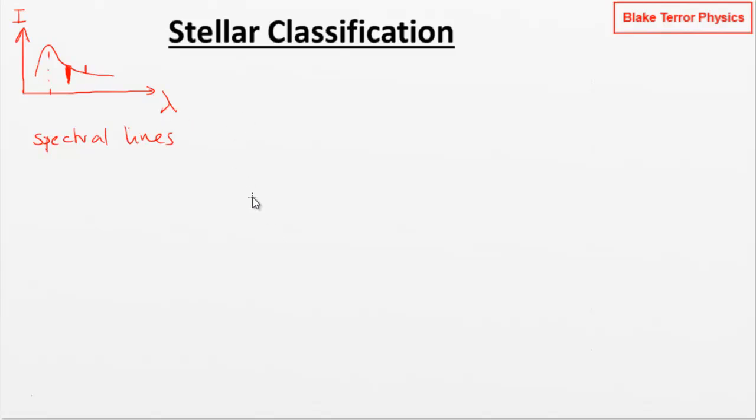So the reason we know that we can find out stuff about the composition and the ionization state is, as I said in the previous video, the wavelength of these lines corresponds to energy differences between energy levels in particular atoms.